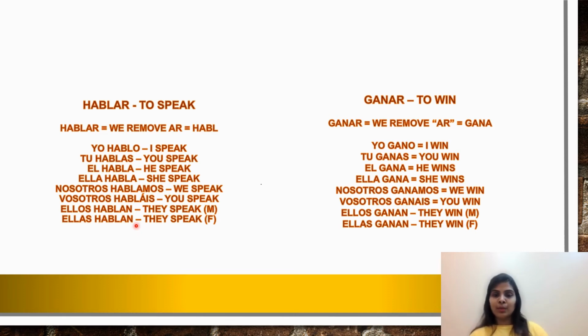Let's do it for another verb, just to put things in more context. Ganar. Again an AR verb. It means to win. We do the complete same process to conjugate the entire verb. We remove the AR and the root that is left with us is GAN. Now, yo gano.